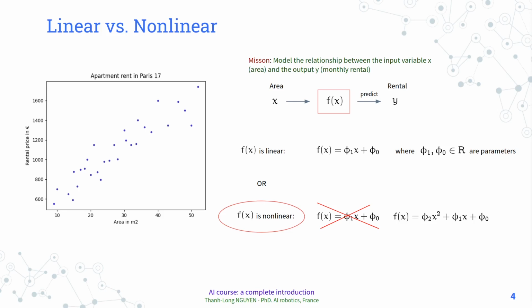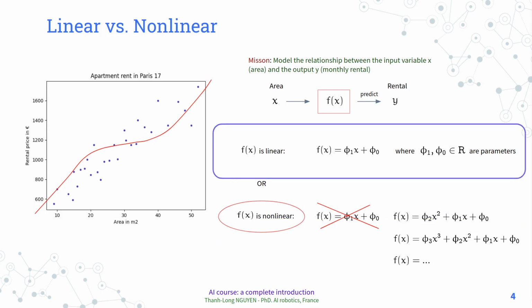This is a quadratic function, and the graph of it may be a curve like this. Or, if f of x is a cubic function like this, you see, the highest degree is 3, so its graph may be something like this. And there are a lot more examples of nonlinear function that I could show you.